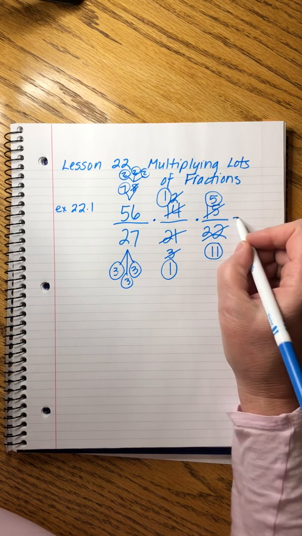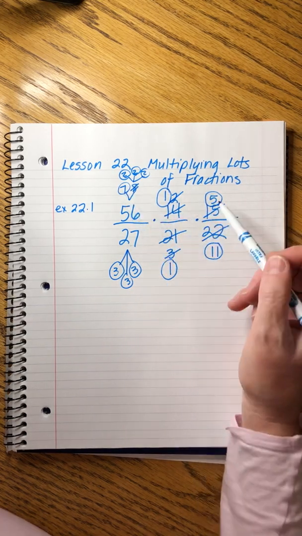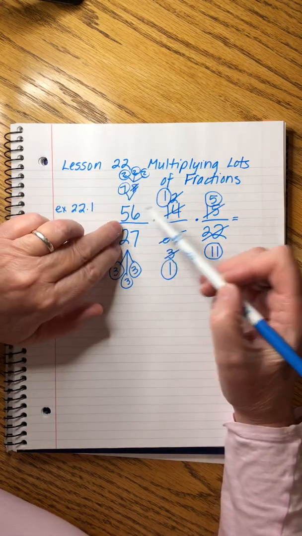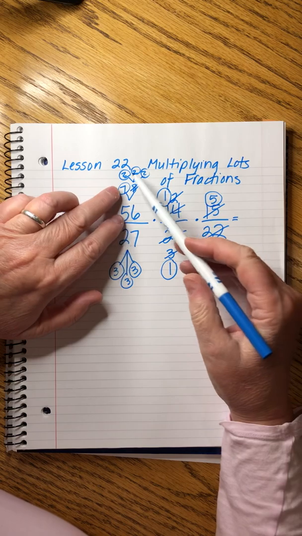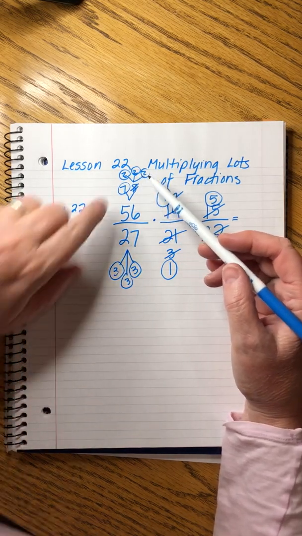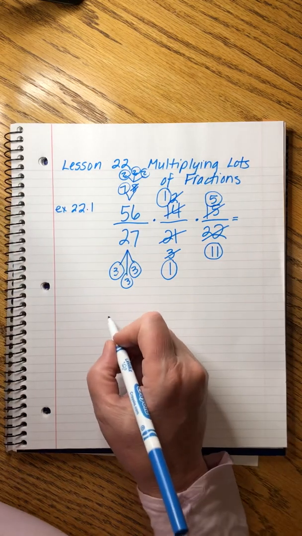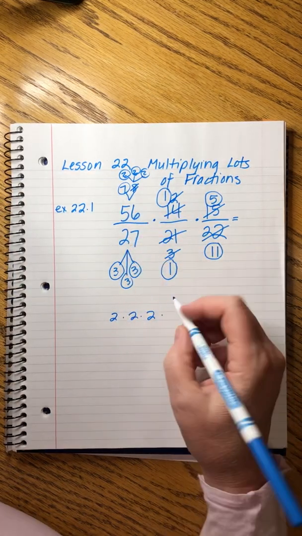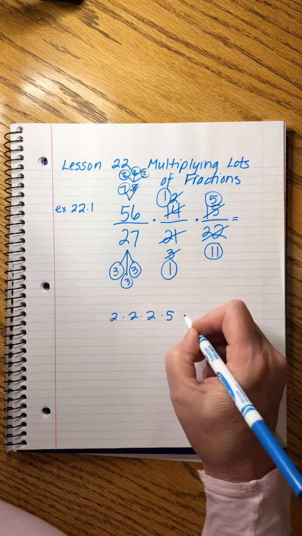So now all I need to do is multiply across the top. And I can multiply these in different order. I could multiply 56 times 5. Or I could look at this and see if there's an easier way to do that. So I'm going to write them down here just so you can see them. I'm just doing them in my head. It's 2 times 2 times 2 times 5 times 7.